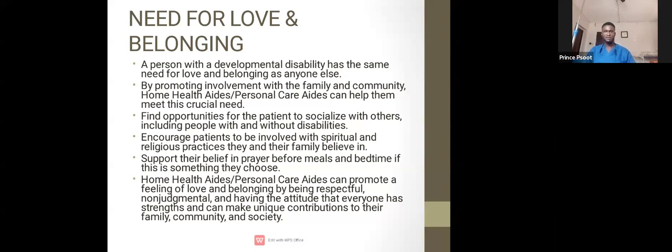Support their belief in prayer before meals and bedtime, if this is something they choose. For Christians who believe in God, pray before meals, pray when you wake up, and pray before you sleep. As home health aides or personal care aides, we can provide a feeling of love and belonging by being respectful, non-judgmental, and having the attitude that everyone has strengths and can make unique contributions to their family, community, and society.